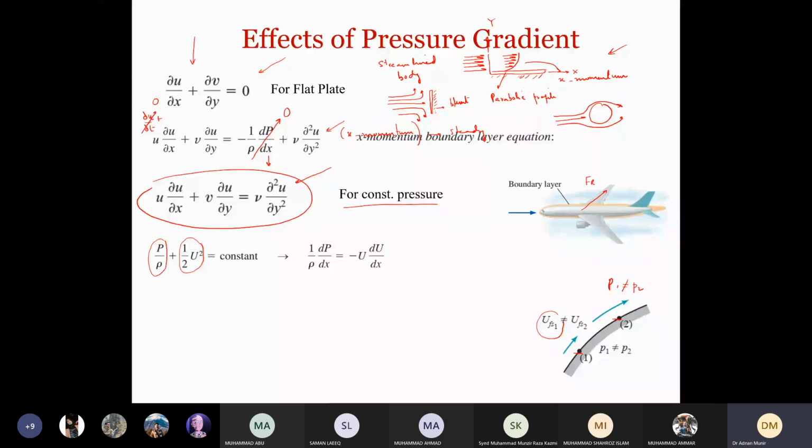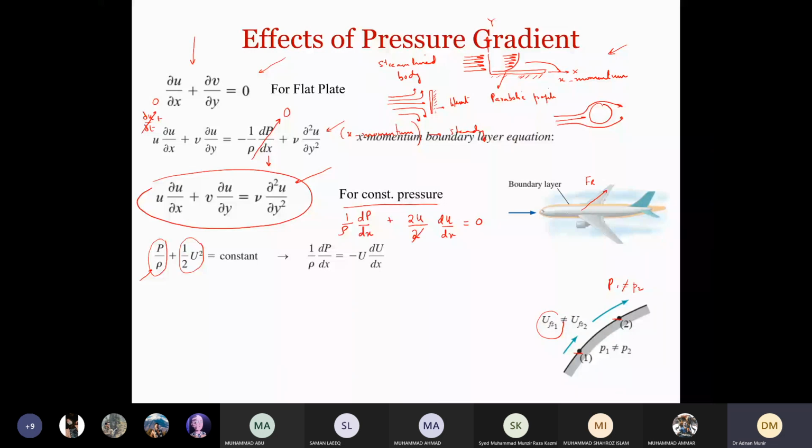Now if I differentiate this equation with respect to x, 1 over rho will come out, the differentiation of P will be dP with respect to dx, and then plus, if I differentiate half U squared with respect to x, it will be 2U over 2, times du by dx, equals 0.